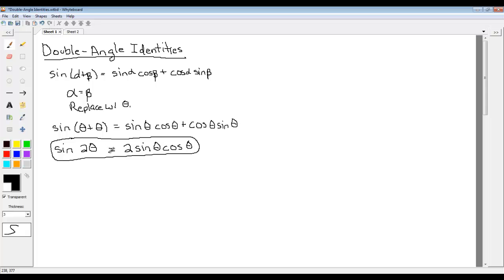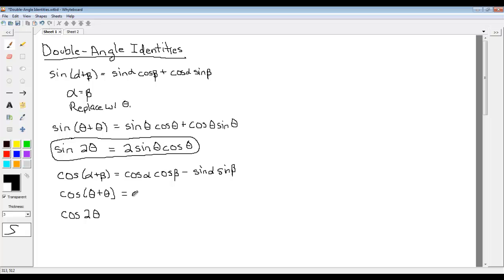Okay, the same idea. Let's take our cosine of alpha plus beta. We know that equals cosine alpha cosine beta minus sine alpha sine beta. Let's replace with theta: cosine of theta plus theta, or cosine 2 theta.